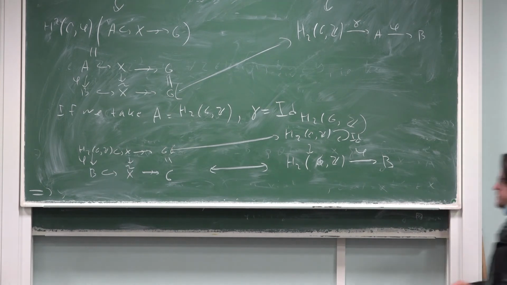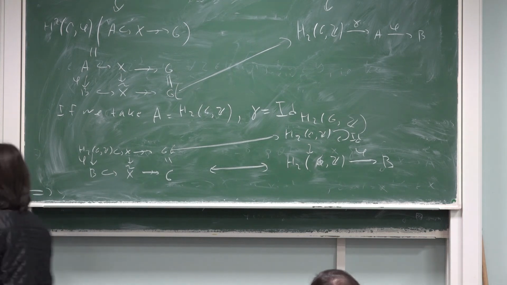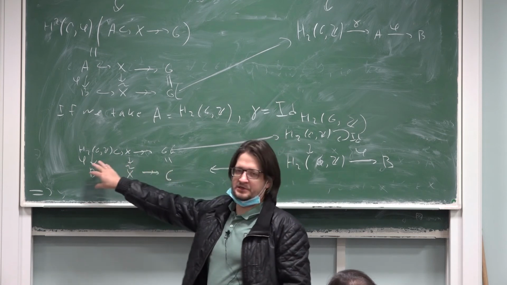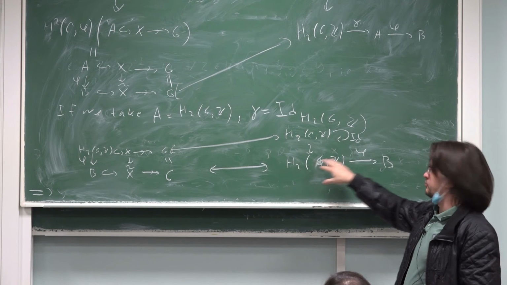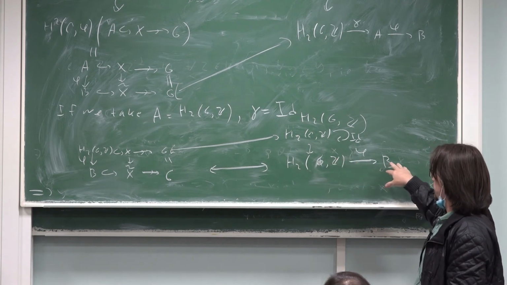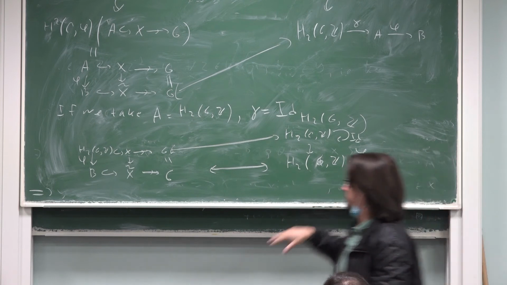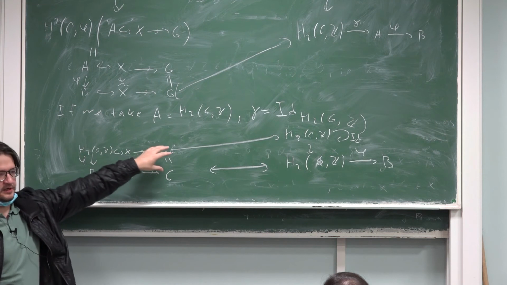So what do we get? We get that if we take some central extension of G by some B, then it corresponds to some map from the second homology to B. And in fact, this map gives this diagram.